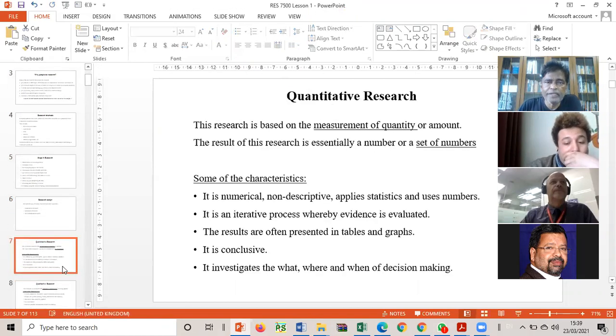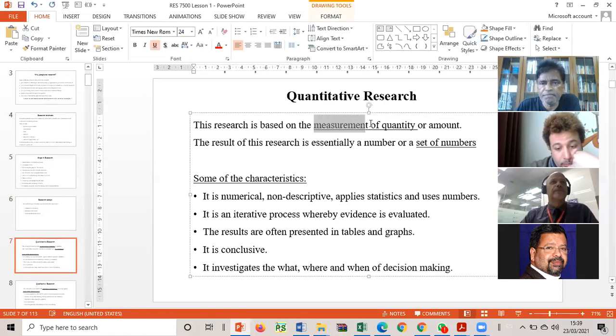All right. So what is quantitative? The research is based on measurements of quantity or amount. In a survey, for example, you ask for people's opinion on a scale of 1, 2, 3, 4, 5, this is very quantitative. If you do some analysis in the lab, for example, volume of a certain thing or mass of something, it is always quantitative.